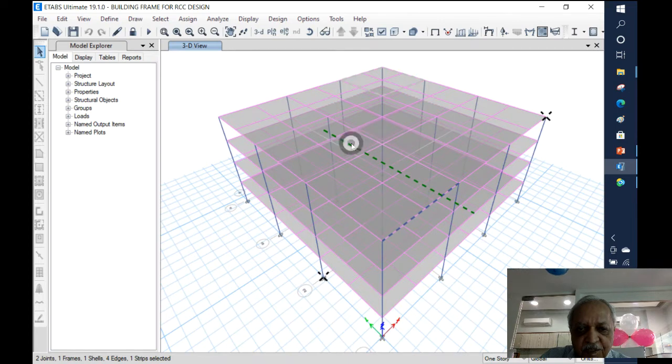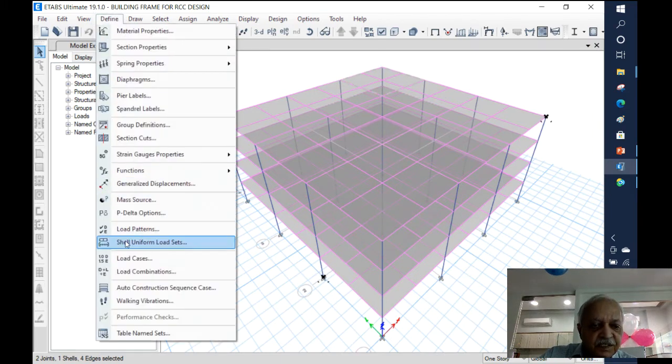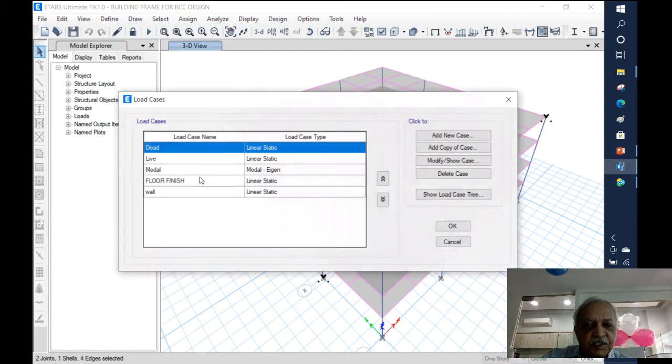As far as the given structure is concerned, we have considered these simple loading cases for carrying out the analysis. We have got the dead weight, then the live load, the floor finish, and the wall load.